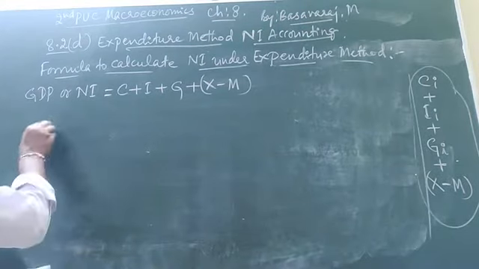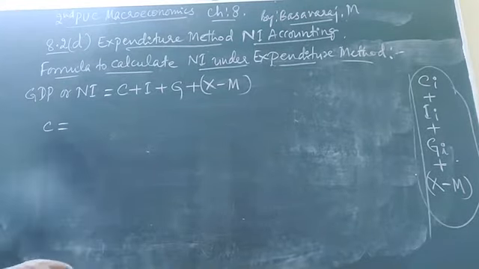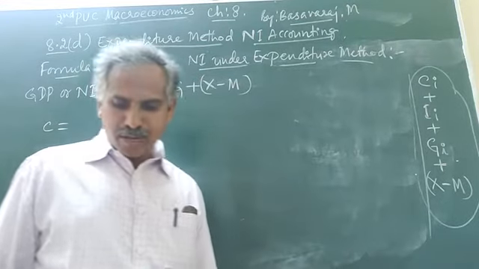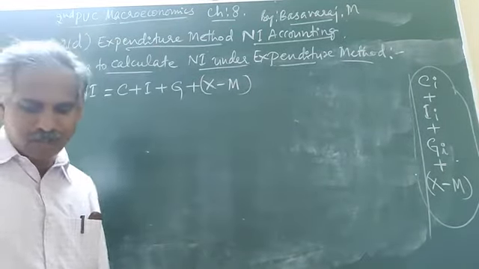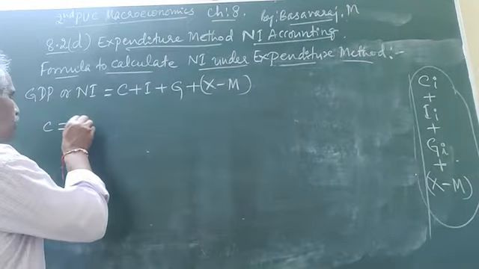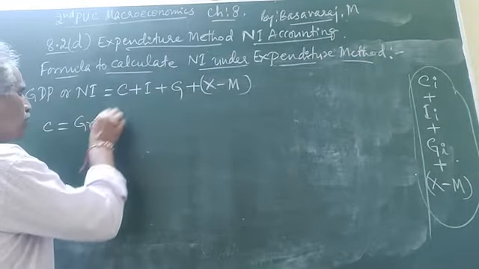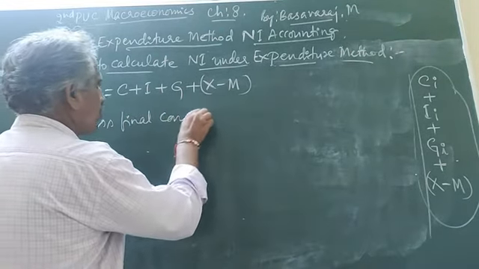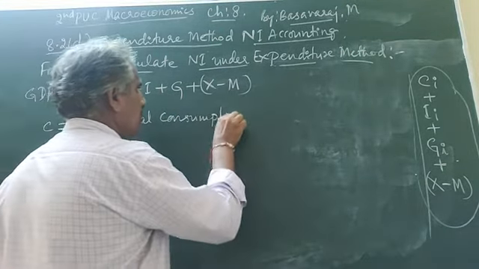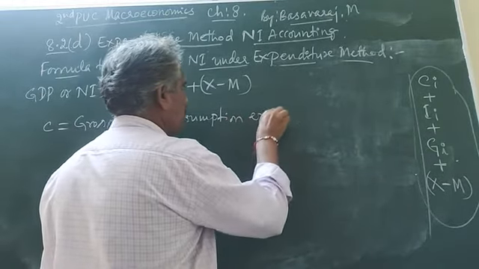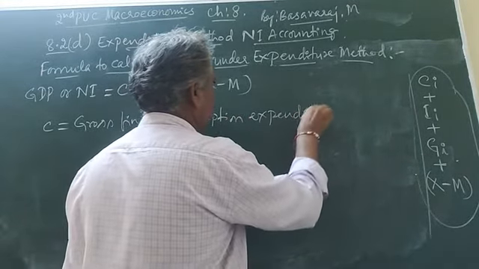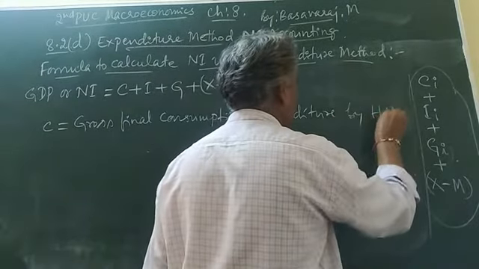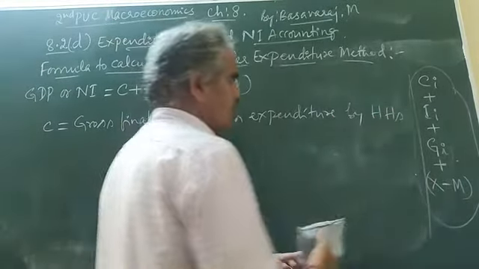Here C is nothing but the gross final consumption expenditure by households.